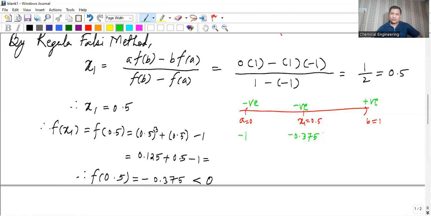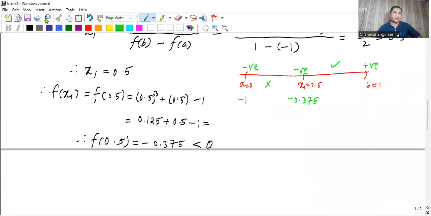0.375. That means our root lies here and this interval from a to x1 is discarded. So the root lies between x1 and b now, because x1 is negative but closer to 0 as compared to a. And so we write here the root.